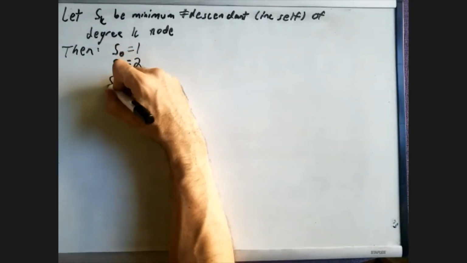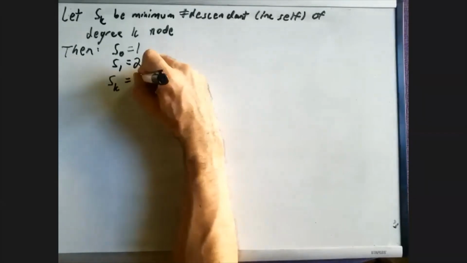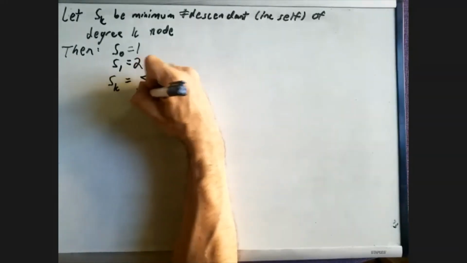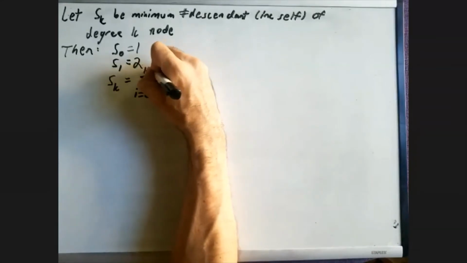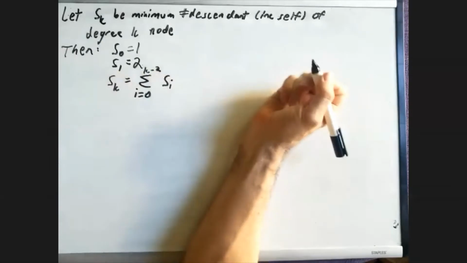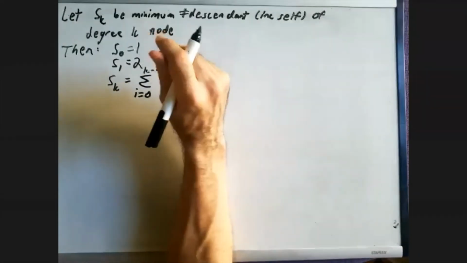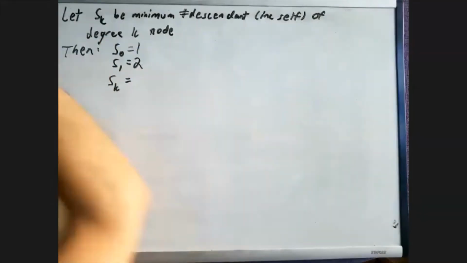And now, if we look at SK, well, it's got a bunch of children, right? It's got k children. So I'm going to index from 0 up to k minus 2 of SI. Actually, let me do it in 2 steps.